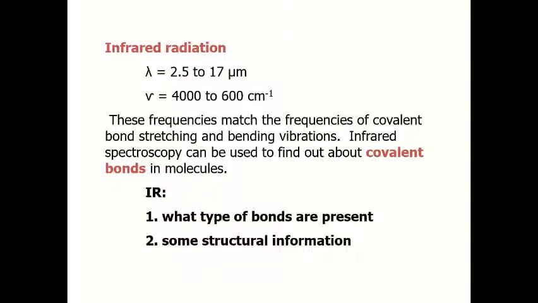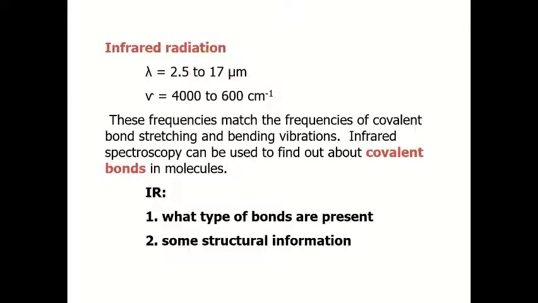The infrared radiation, as I was mentioning before, goes from a wavelength between 2.5 to 17 micrometers, with a corresponding frequency of 4,000 to 600 1/centimeters, right? These frequencies match the frequencies of covalent bonds stretching and bending vibration.